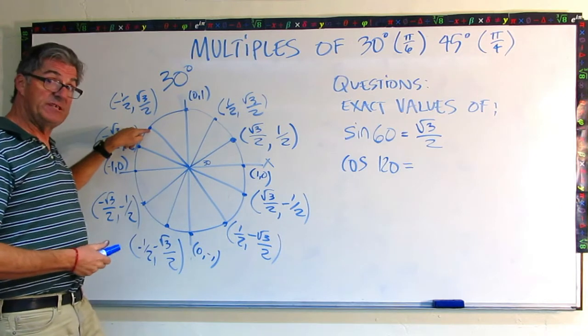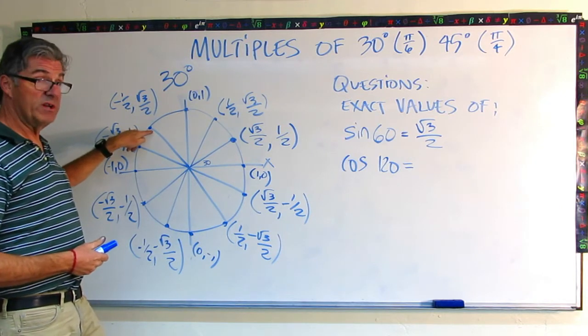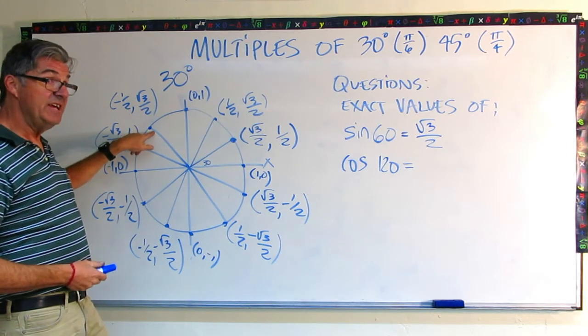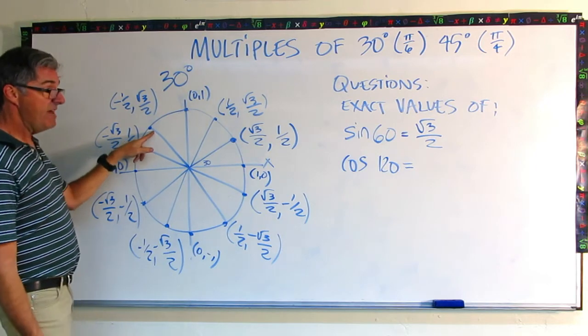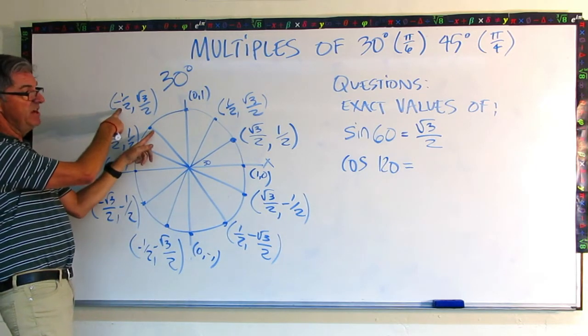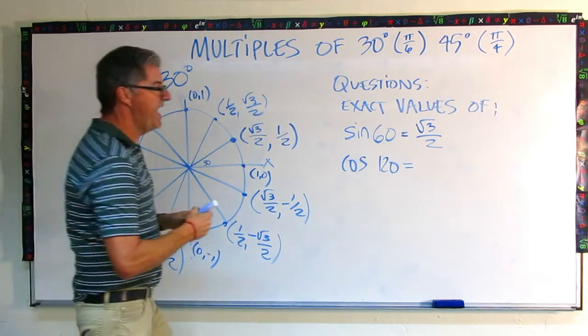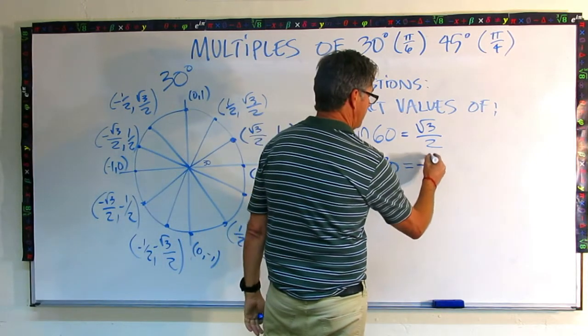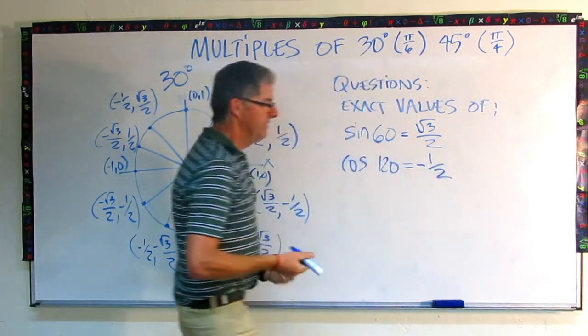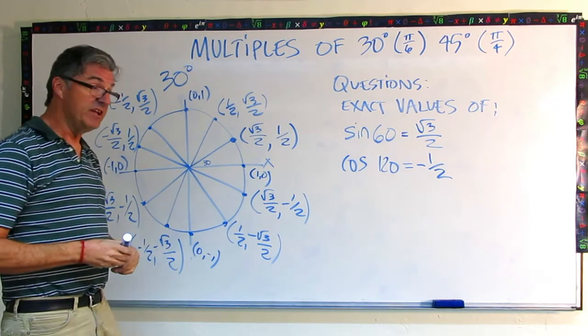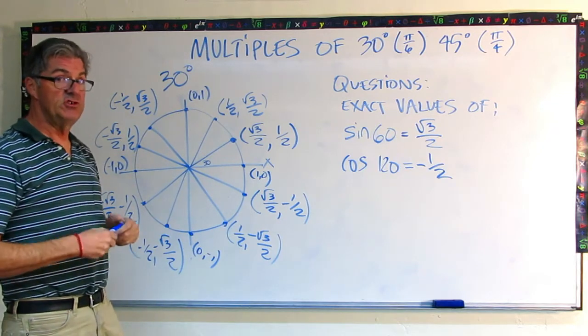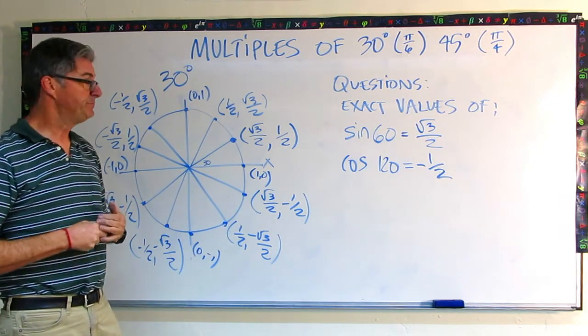So we're at this point on the unit circle with 120. Cosine is the x value at 120. So the cosine of 120 is minus 1/2. And again, if you put that in your calculator, if you do cosine 120, you should get negative 0.5.